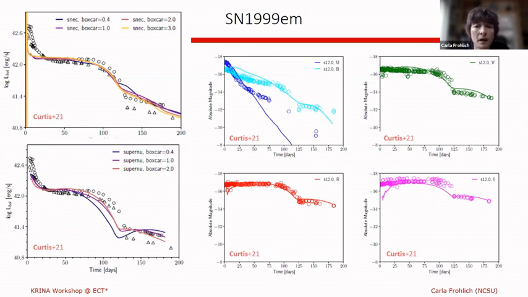And on this slide, which is pretty busy, we're showing a lot of different things. So let's focus on the right 4 plots first. These are broadband light curves. The open circles are the observed light curves in broadband, and then the lines are the predicted or calculated light curves in the same broadbands.